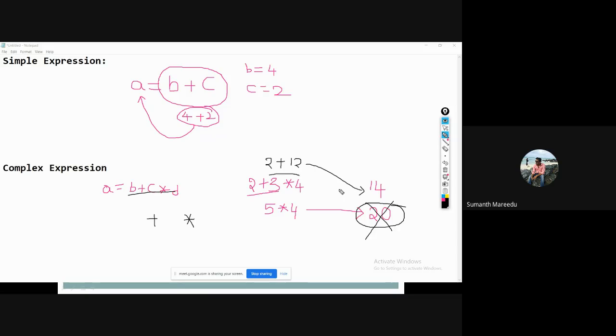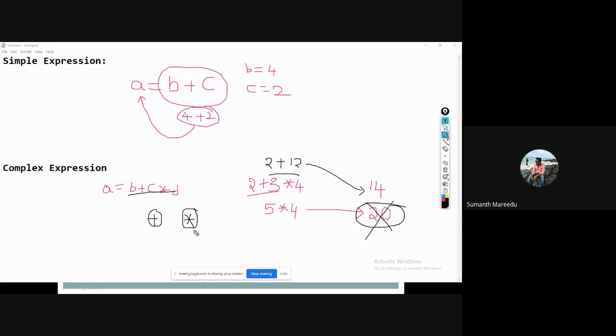Simply put, when you have multiple tasks to do, one task is addition and one task is multiplication. Out of these two operations, I will check the priority. Who is given the most priority according to that table? According to that table, multiplication was given high priority when compared to addition.